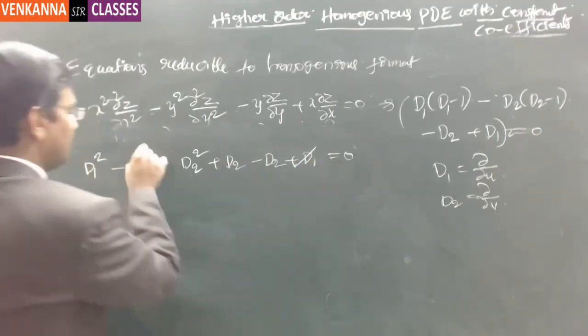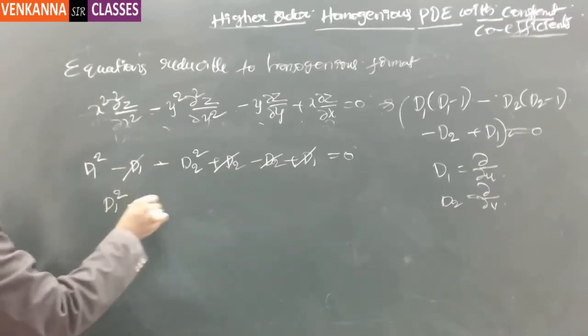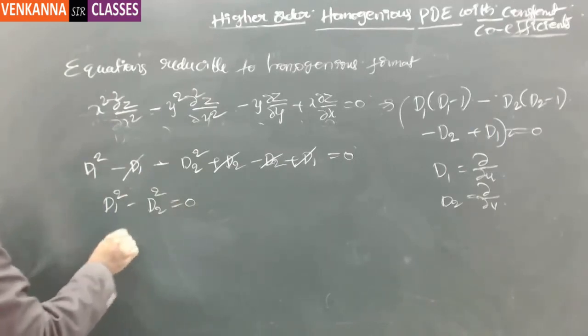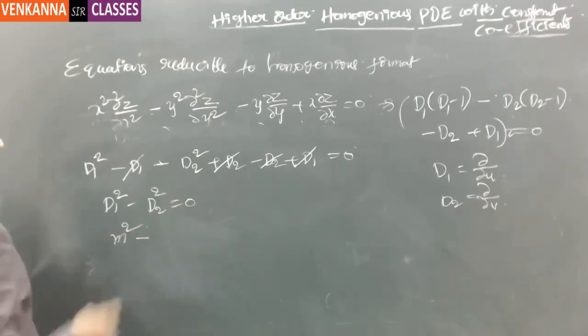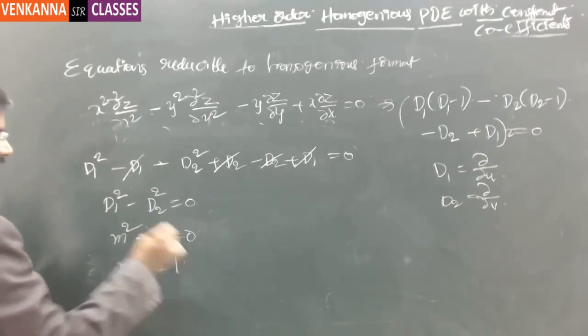So this is D1 square minus D2 square equal to 0. Or the auxiliary equation is m square minus 1 equal to 0. m is equal to plus or minus 1.